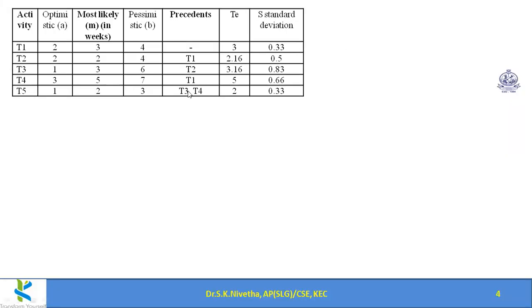So now for this, we shall try the PERT diagram. PERT diagram is an activity on arrow network, and first event.